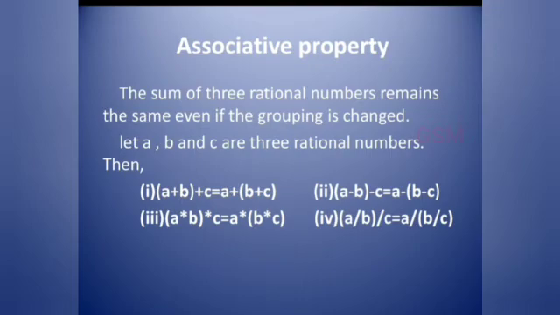First, a plus b as the first group, plus c, is equal to a plus the group b plus c. The same rules apply. The associative property is satisfied for addition and multiplication, but not satisfied for subtraction and division.